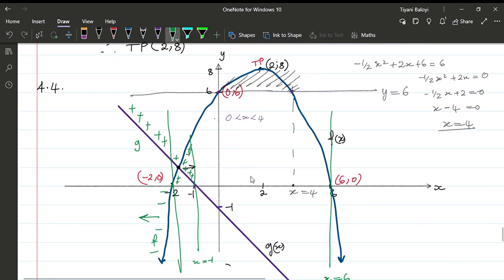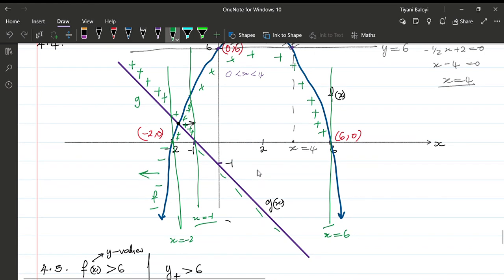So between -1 and 6, what do we have? We have g, which has changed now. It is now negative, right? We indicate that, but your f is still positive because it's above 0. Positive, positive, positive, 0, right? When you multiply this and this, you get a negative answer.